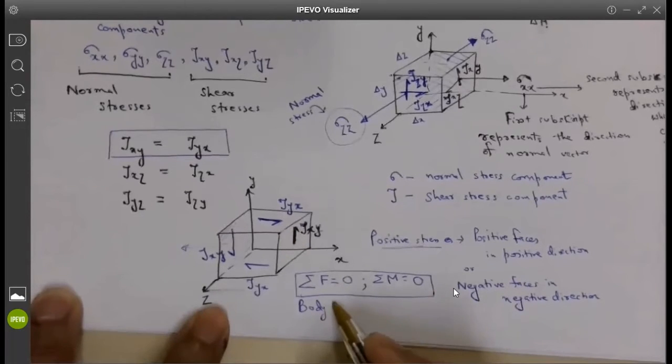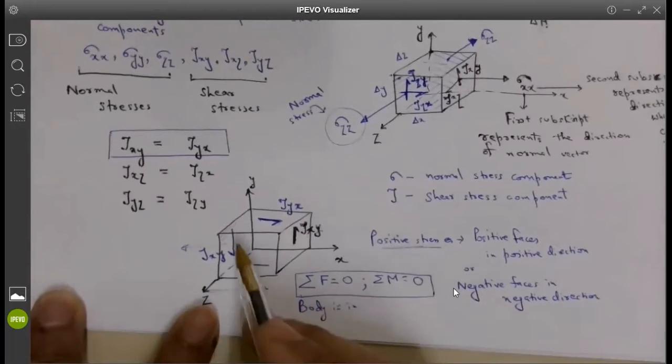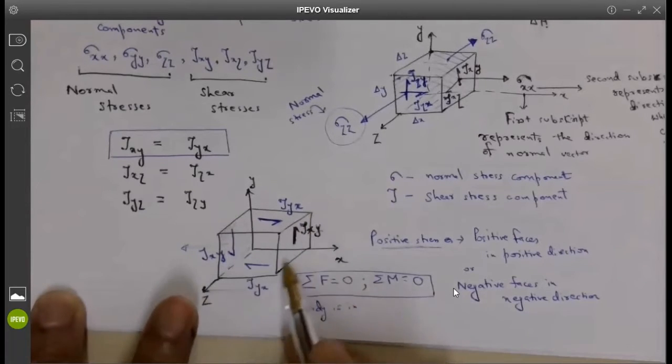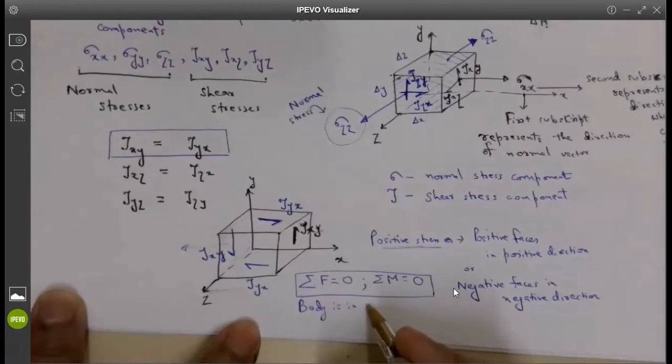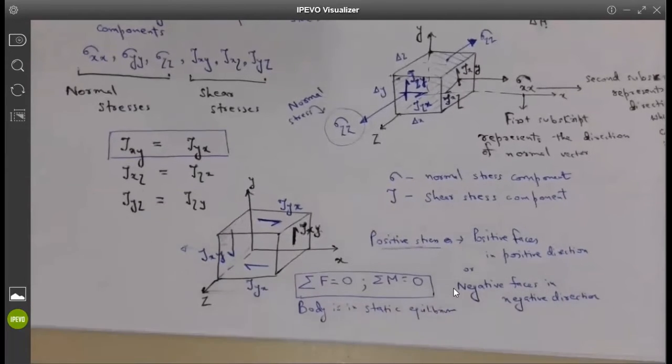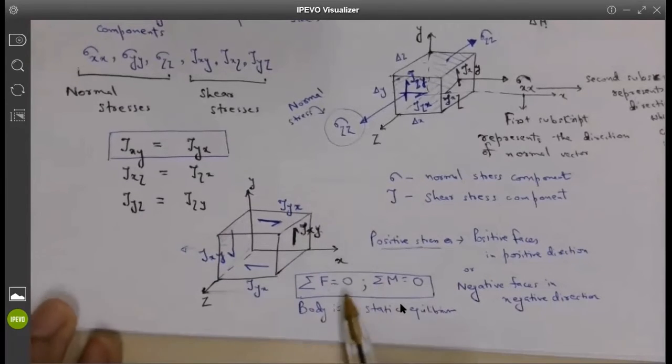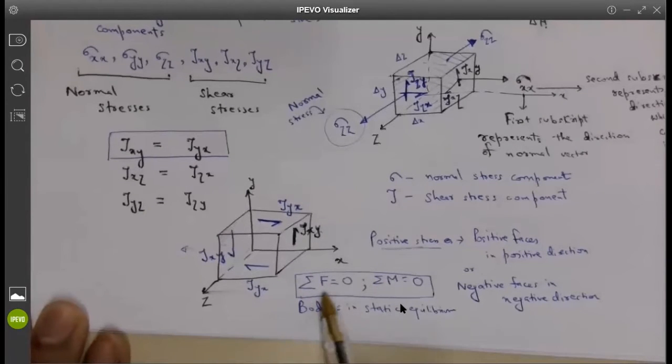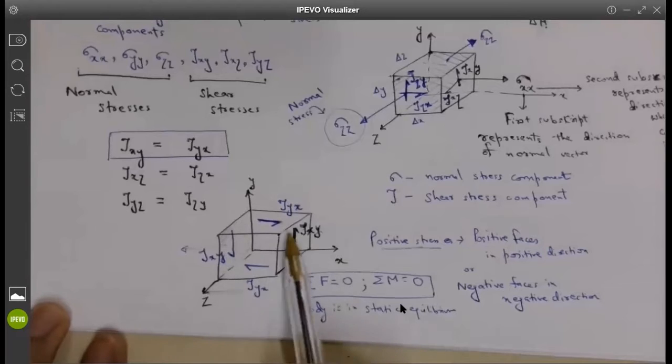Then the body will be in static equilibrium. So can you guys tell me whether this body is in static equilibrium? How do we write an equation for summation of F equals 0 for this case? Can you guys help me out?